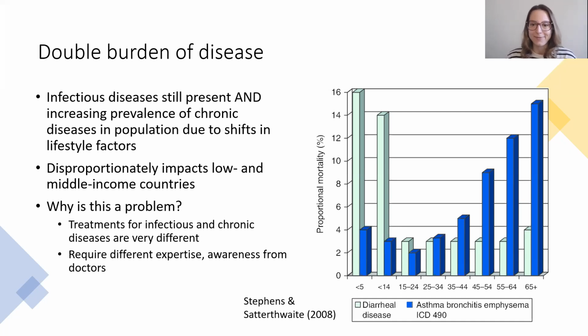Why is this double burden of disease such a tricky thing that public health experts want to tackle? Well, the treatment of infectious diseases and chronic diseases are very different. They require a different level of expertise, different medical practitioners, and different levels of awareness from doctors, because they might not be looking for the same type of symptoms in order to treat infectious and chronic diseases.